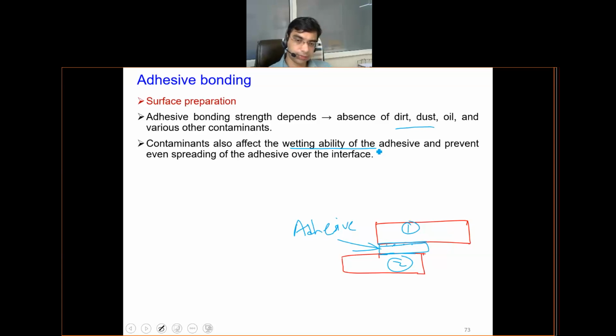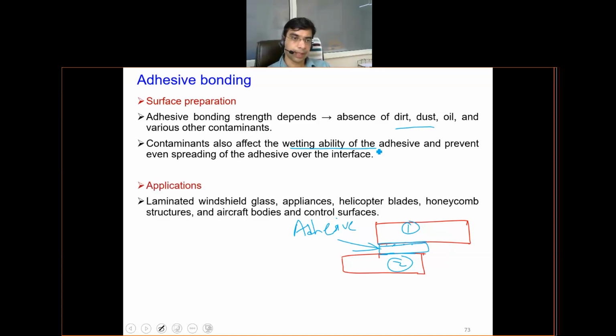So in a nutshell, to make any adhesive bonding for any component or product, the surfaces have to be cleaned perfectly to minimize any presence of dust, dirt, grease and oil.